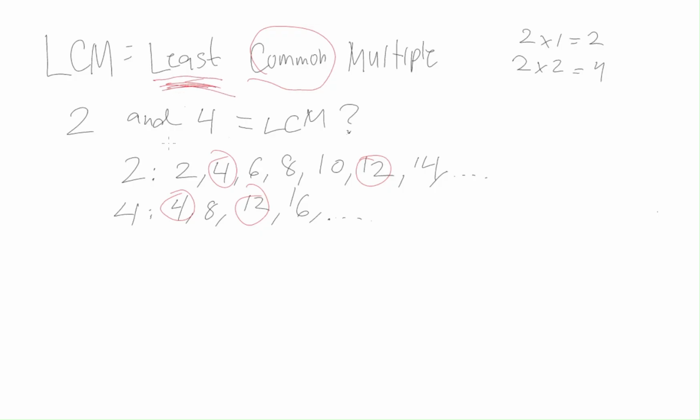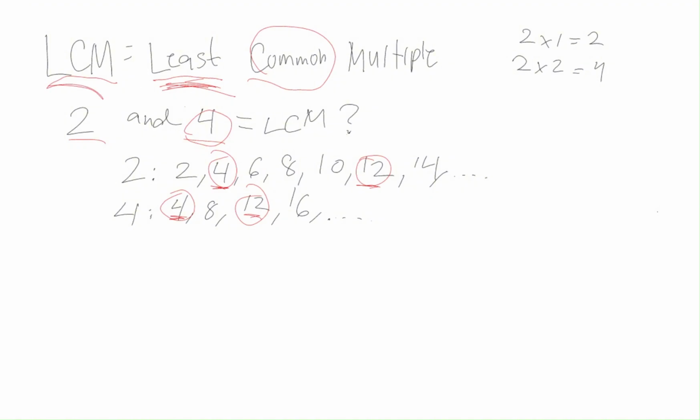So which one is the common number in between 2 and 4? That is the smallest one that would divide evenly. So that would be 4, because this is the smallest number. It's not 12. 12 is a multiple, but it's not the smallest. For the least common multiple, we're trying to look for the smallest number.